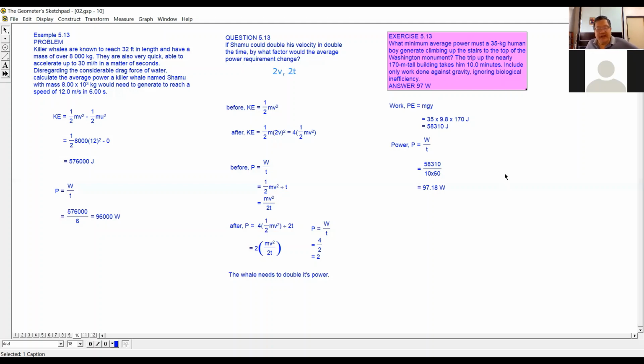Biological inefficiency, it means what? It means your muscles. Let's say you are running at 10 meters per second.